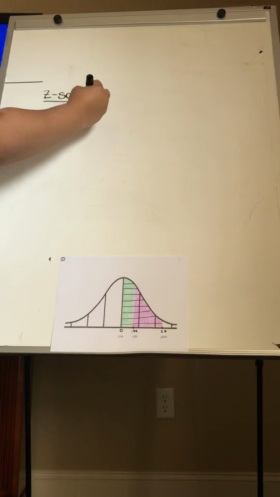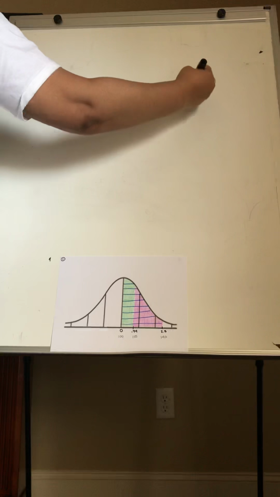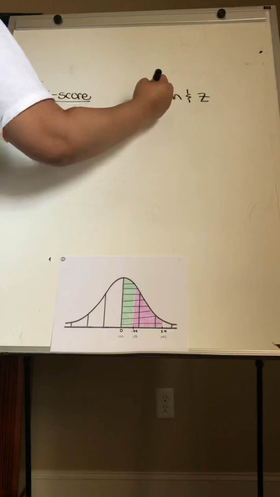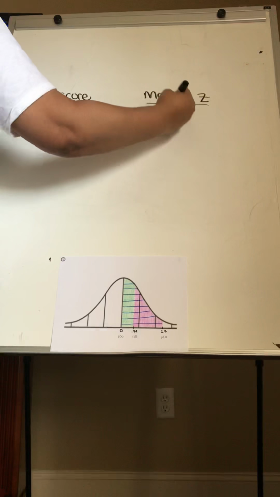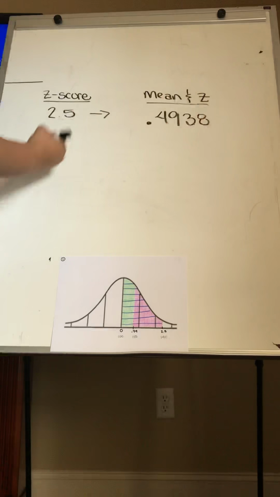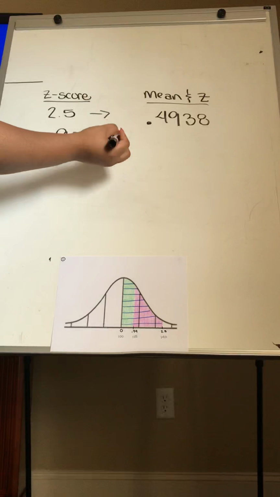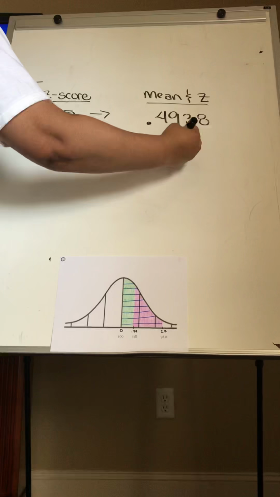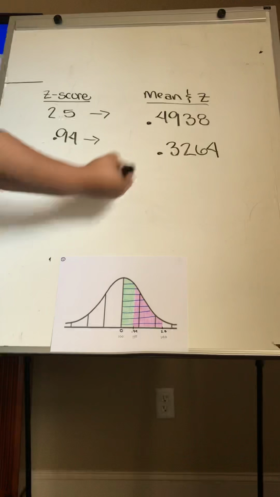0.5, so you won't get confused, and this will represent the mean and z measurement. So 2.5's mean and z measurement is 0.4938. 0.94's mean and z measurement is 0.3264.